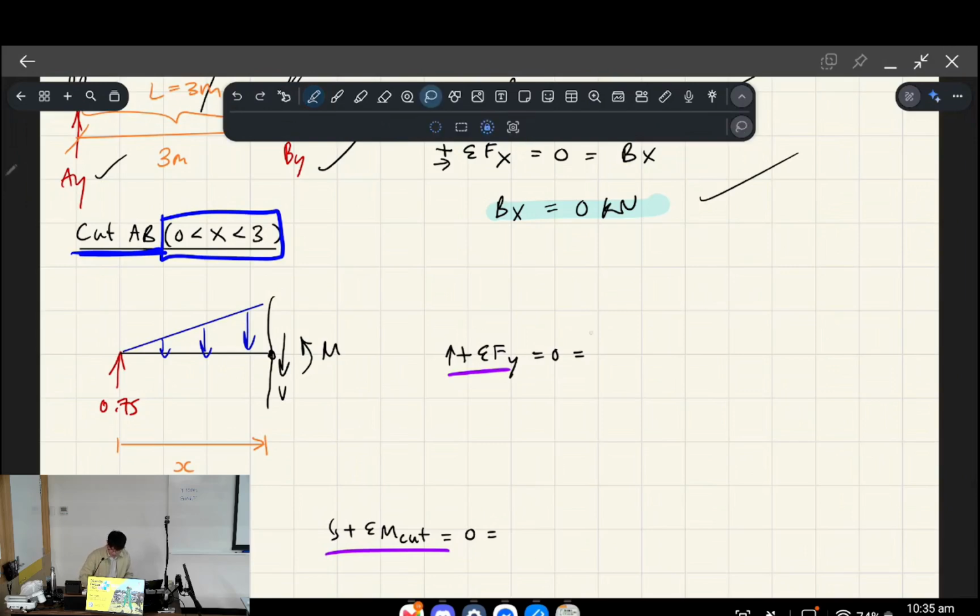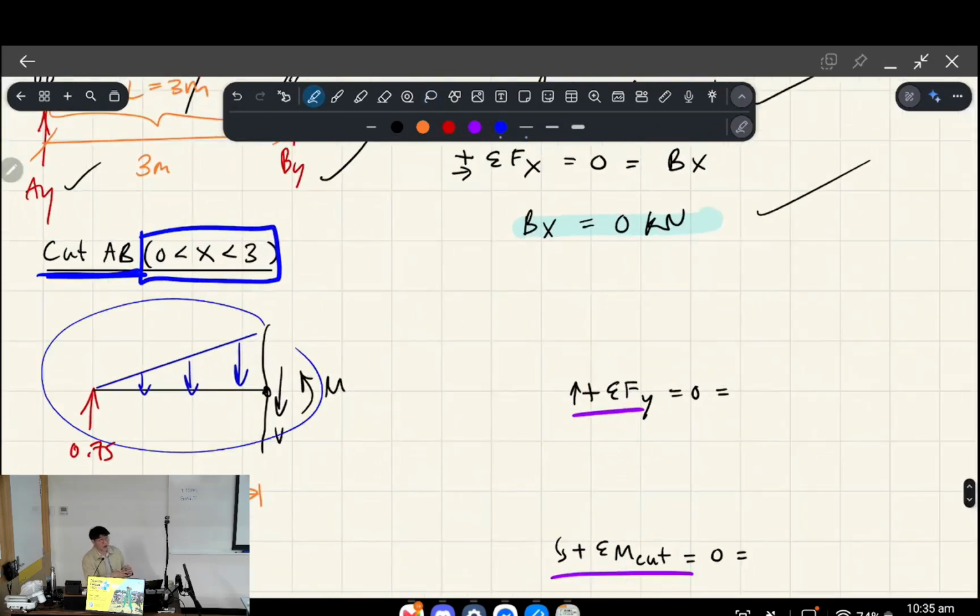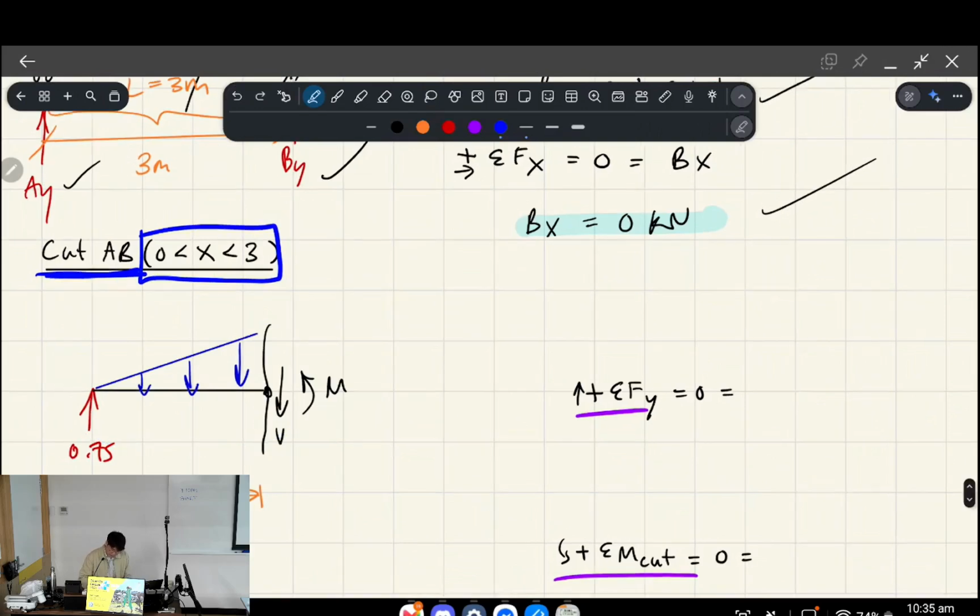Sorry, before we do that, actually what I would like to do is tell you a little bit more about how a triangularly distributed load works, because let's say we're interested in finding the equivalent force of this triangularly distributed load, but it's not so easy because we want half base times height, right?